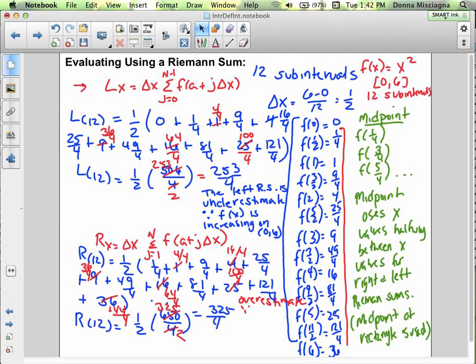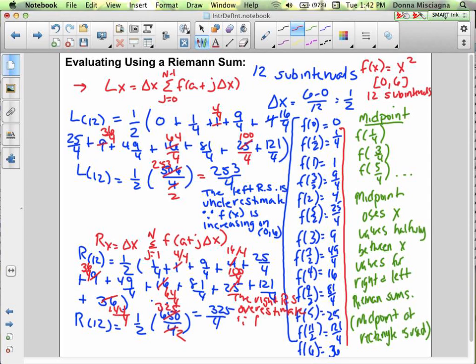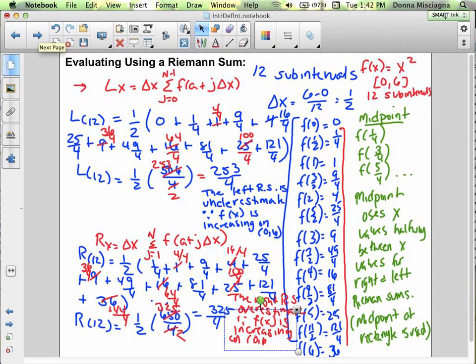And the right Riemann sum is an overestimate because f of x is increasing on 0, 6. So it's a good idea to make that real clear. Yes, we wrote the underestimate next to the left Riemann sum and the overestimate next to the right Riemann sum, but we should make that really clear.